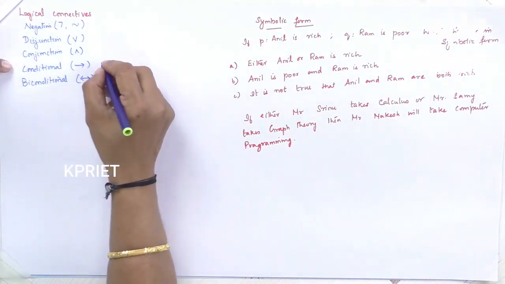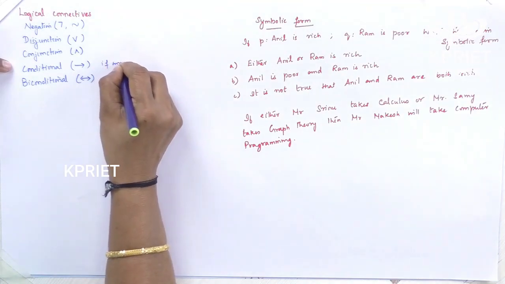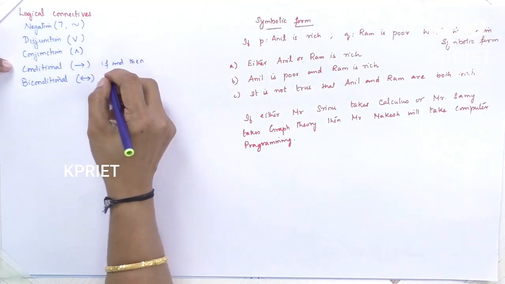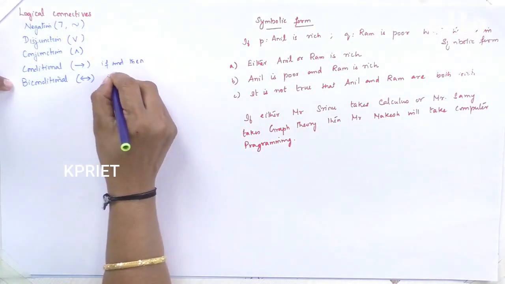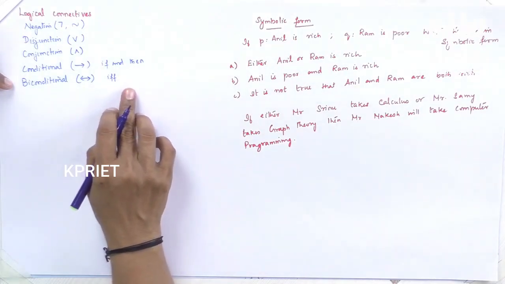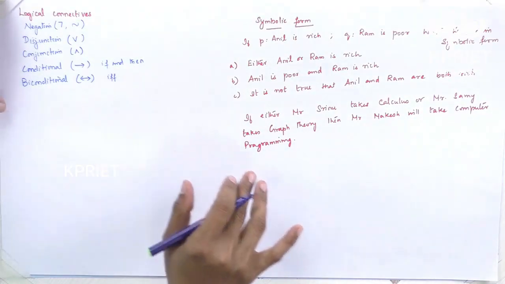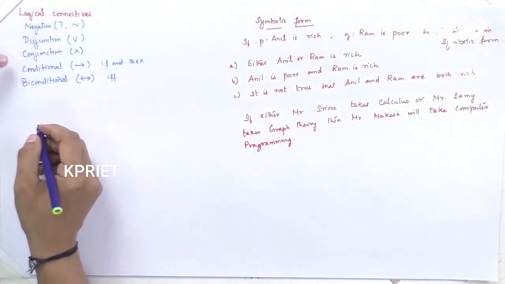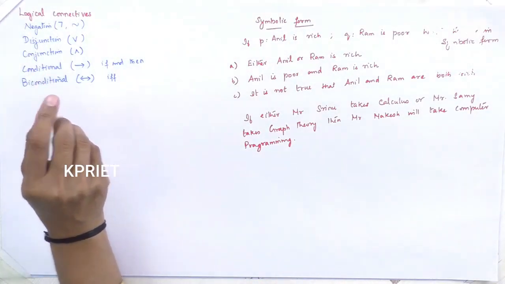So conditional is if and then, it is only a forward thing. If this is true, then this is also so. Biconditional is if and only if, which means that it is true in both senses, forward as well as backward. So these are all the connectives we have seen in the previous session, and today we will see the construction of the truth table.